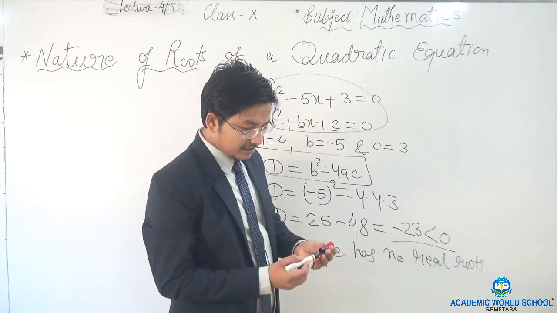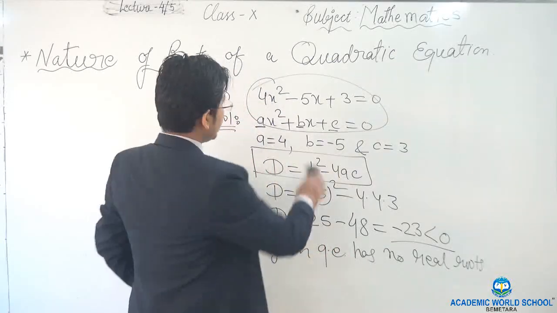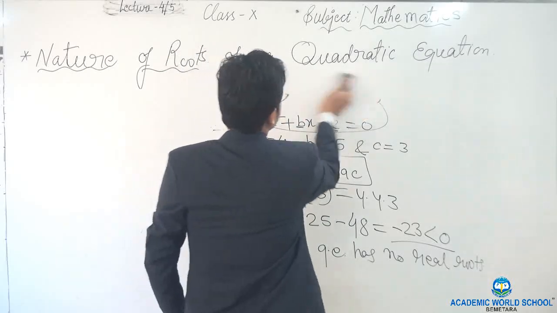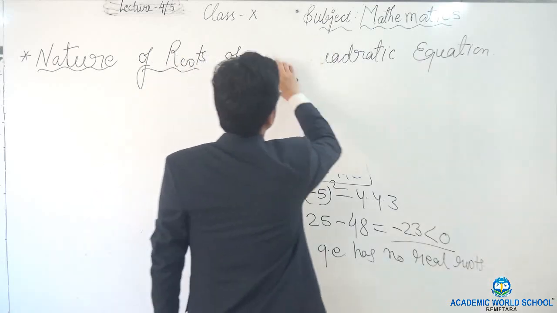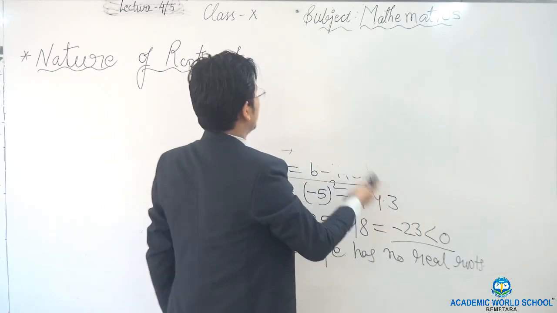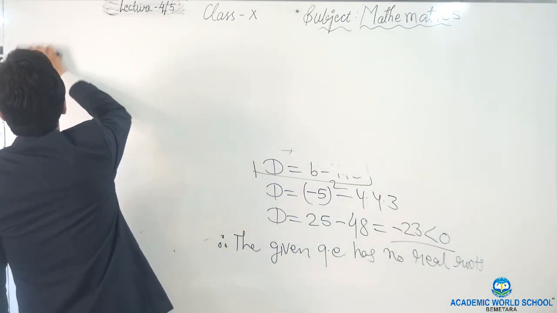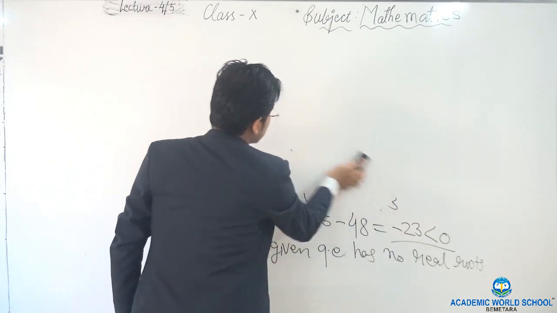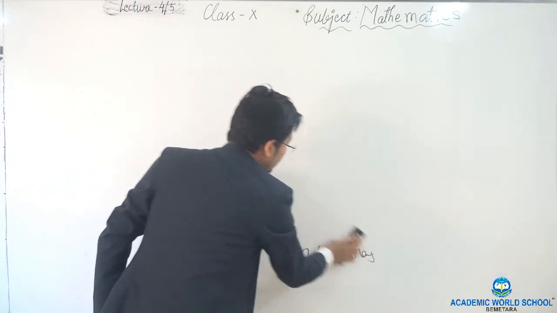Okay, so in this manner we solve problems. Now the next is a situational type of problem: for what value of k, or for what value of a, the given quadratic equation has real roots, or real and distinct roots, or real and equal roots.